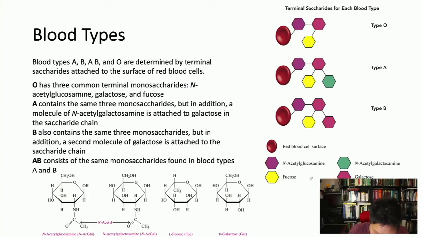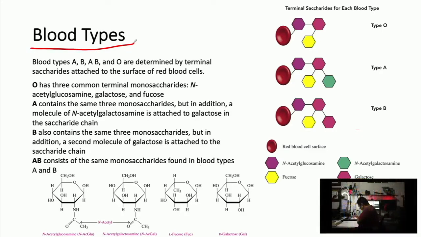So saccharides play a huge part in blood type as well. Those carbohydrates are what determine whether a person has type A blood, type B blood, type AB blood, or type O blood.